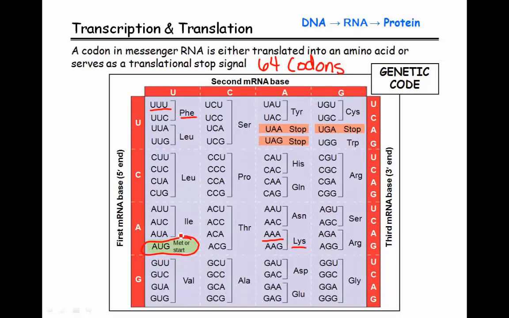Now, the 3 codons that do not code for amino acids code for stop codons. Those are the ones that we see shaded in pink on this table. What that means is that if the cell happens to read one of those particular codons, it can stop making protein and basically go and start working on something else at this point.